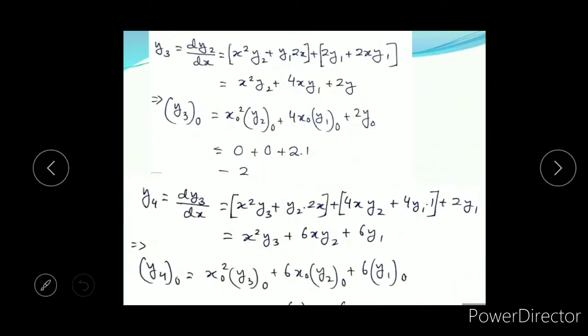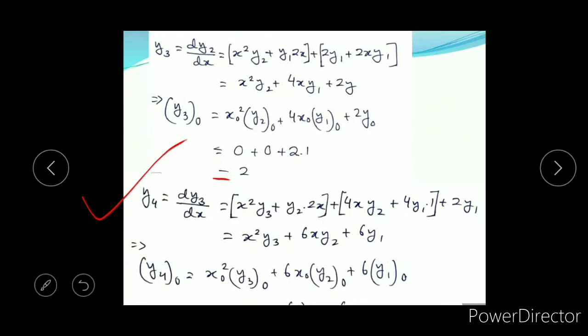Let us check y4 again. Till y3 we are getting 2. So y4 is nothing but the derivation of y3, that is dy3/dx.